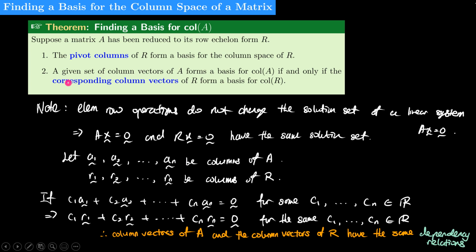Therefore, point number 2 states that a given set of column vectors of A forms a basis for the column space of A if and only if the corresponding column vectors of R form a basis for the column space of R. Now we will make use of these 2 points in the following examples, where we will be asked to find a basis for the column space of a certain matrix A.